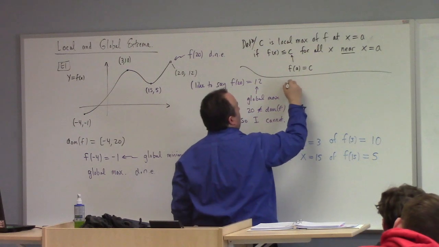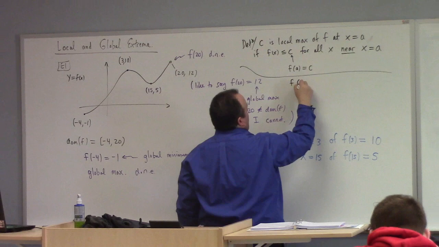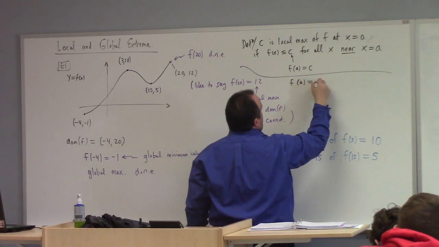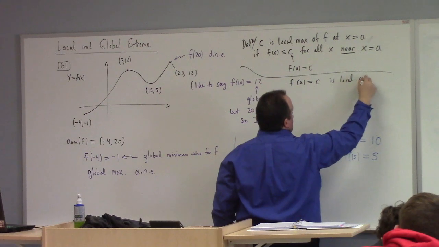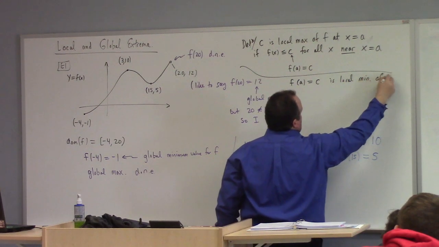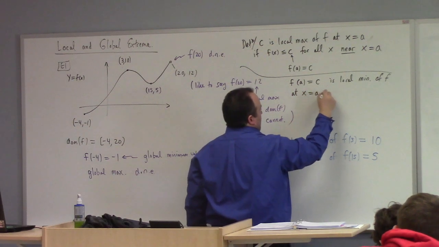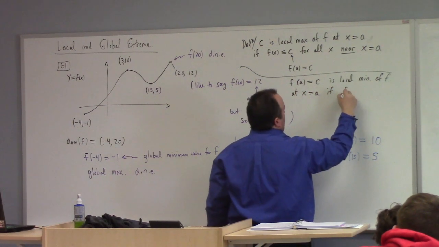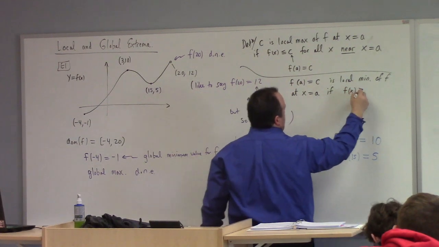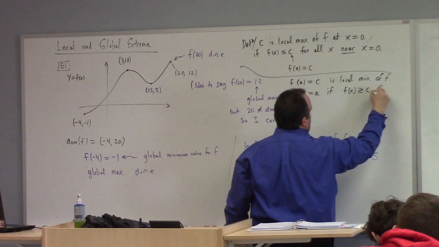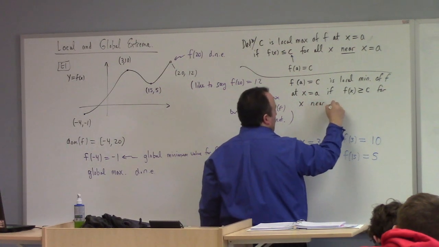Likewise, local min. So I could write it this way. f of a equals, let's say, C is a local minimum of f at x equals a if f of x is greater than or equal to C for x near a.